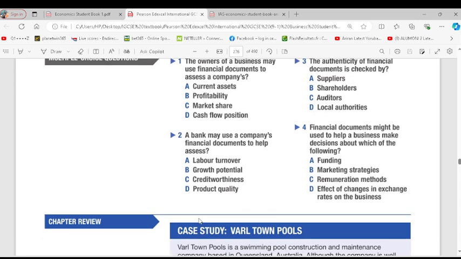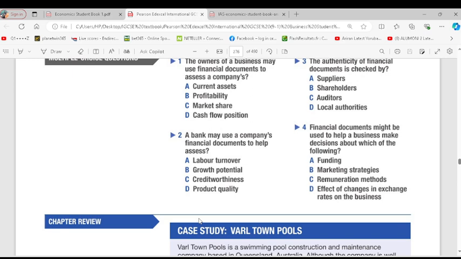Question 4. I don't think local authorities will care about it. Local authorities might think about tax, and they are even tax authorities. They might care about the community.